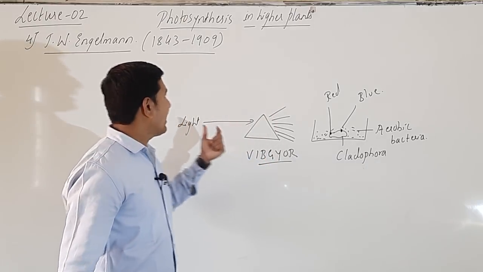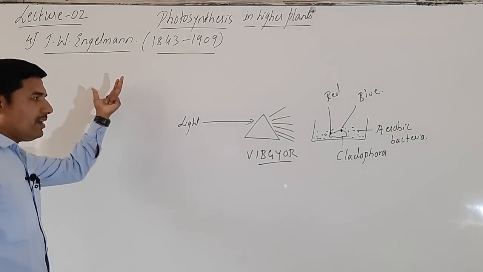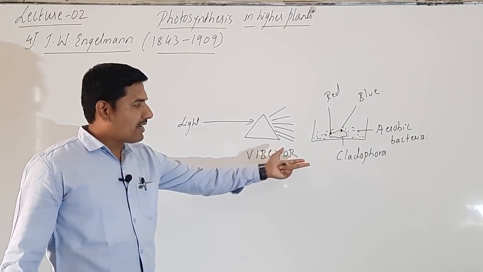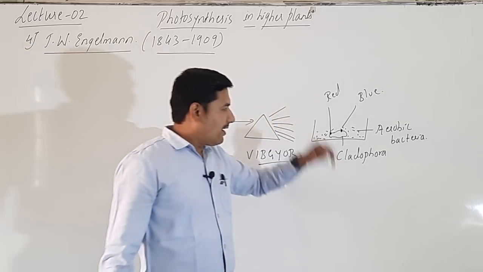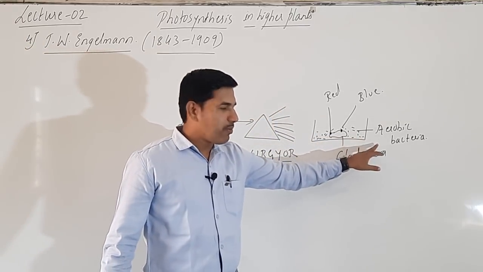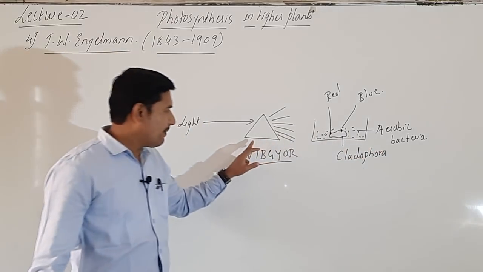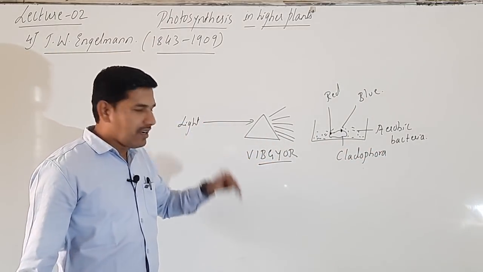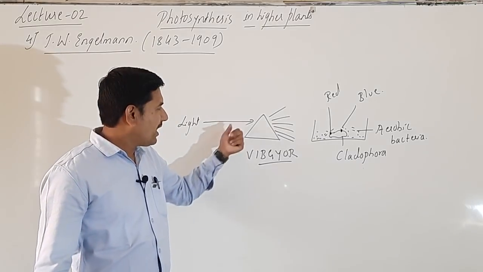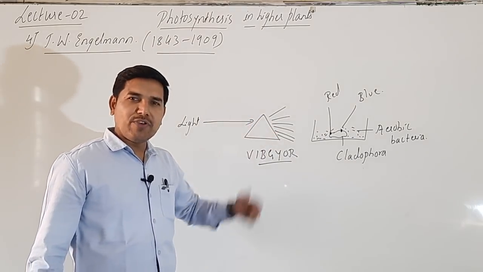So what T.W. Engelmann did is he exposed the alga Cladophora, placed in a suspension consisting of aerobic bacteria. Then he took a prism to which white light was released, which we call the visible spectrum of light, and it got split into VIBGYOR.